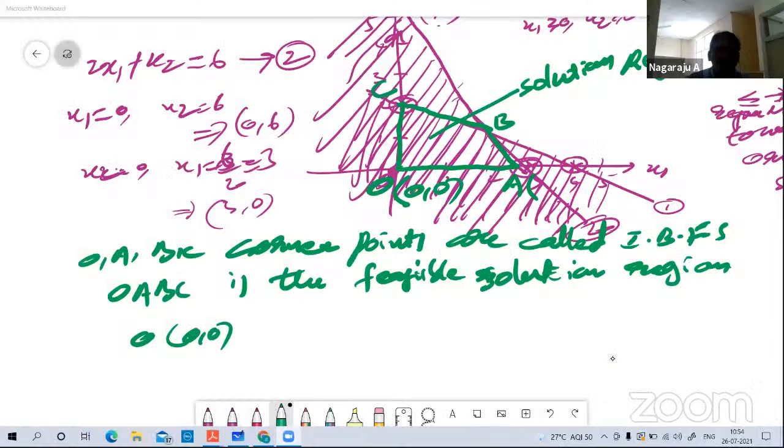Here O, A, B, C are the corner points. These are called initial basic feasible solutions. OABC is the feasible region, the solution region. Among the corner points, one of the solutions is called the best optimal solution.